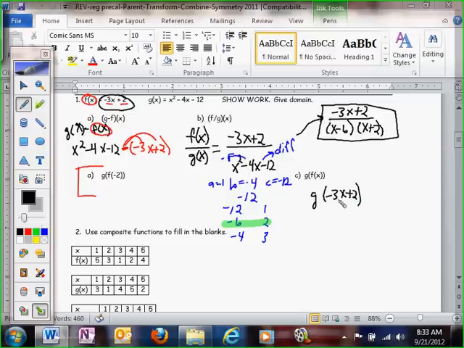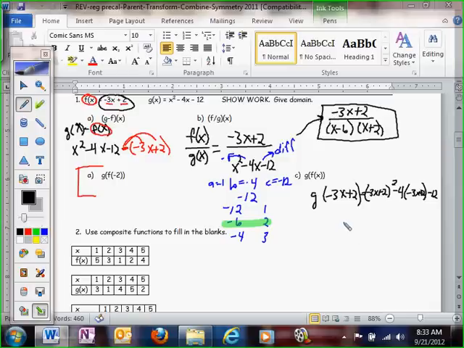So the way I do this is, I rewrite my function using a set of parentheses everywhere I have an x. X squared minus 4x minus 12. Then I want to insert or input what's in here over into here. Negative 3x plus 2, negative 3x plus 2.